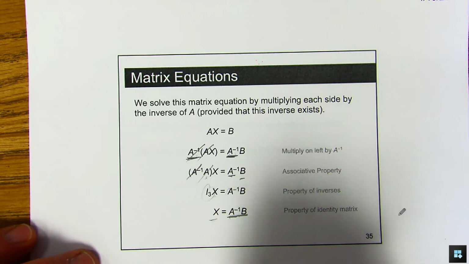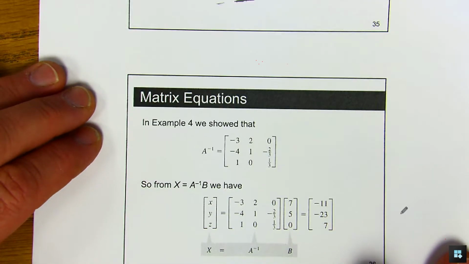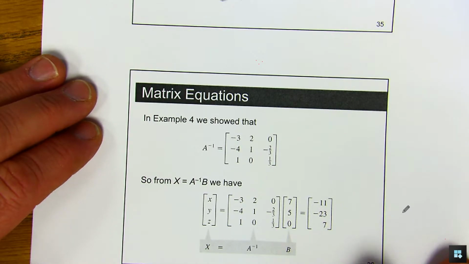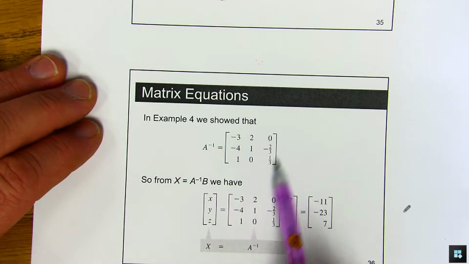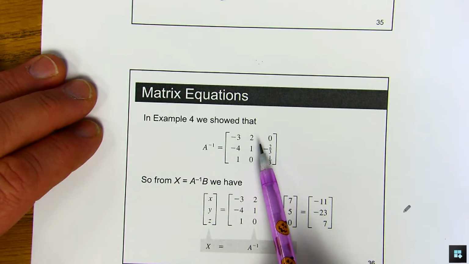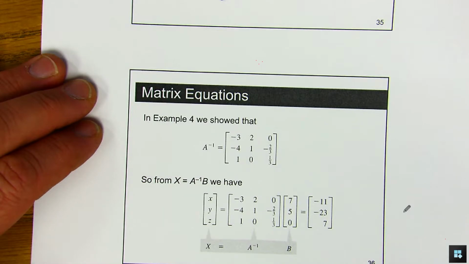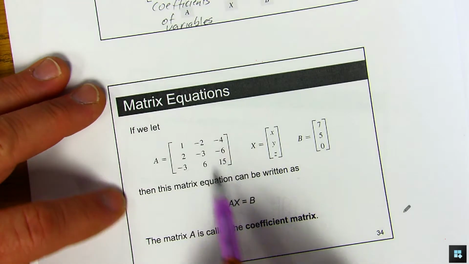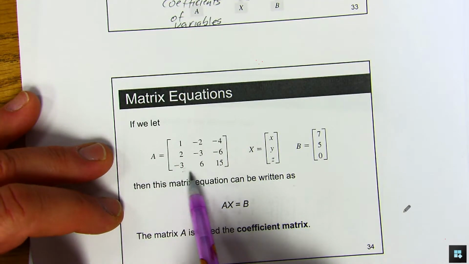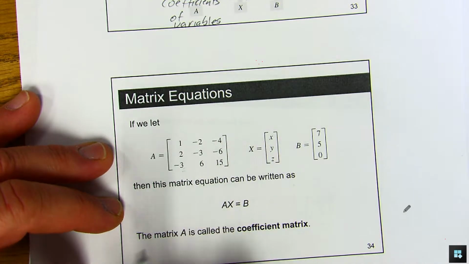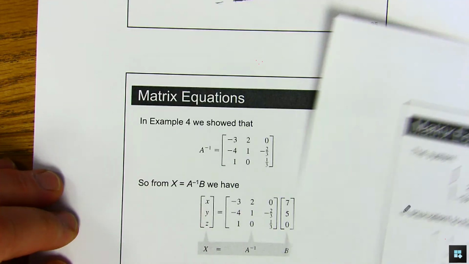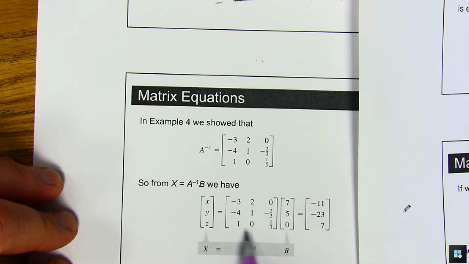You might be like, well, that's cool. So what does that mean? Well, if you remember correctly, we just showed you here's our inverse matrix of this matrix right here. We took this matrix and found its inverse. We just barely did that in the last video. And that inverse was this right here.